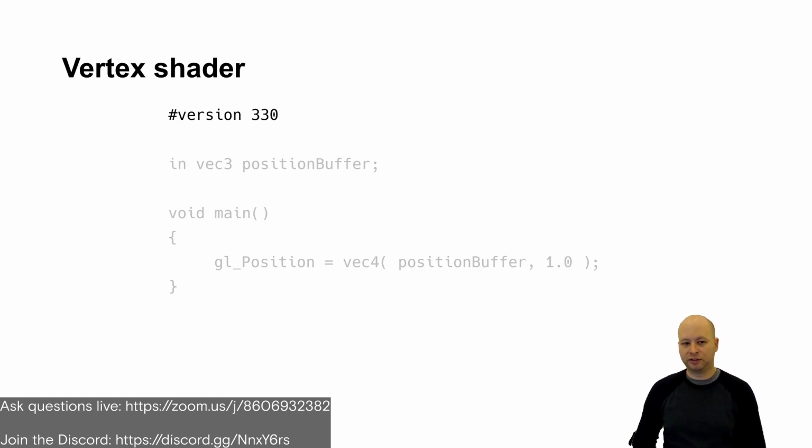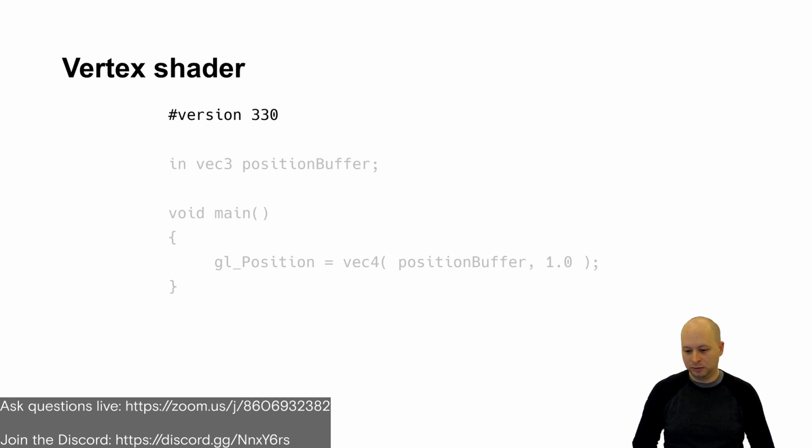So the first line of the vertex shader is this, hashtag version 330, and this is a bit of metadata for the GLSL compiler, to let it know what version of GLSL you're using.